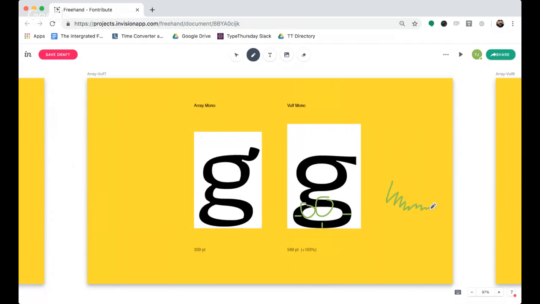traditionally the main spine of the G to be the predominantly heavyweight segment of it, mainly from calligraphic pen principles. But as you notice there, you can extrapolate and manipulate that principle to get the typographic color you're aiming for, which Array Mono actually maintains as well. Notice that the predominant weight is this segment right here. There's actually a reduction in this segment right here. It's taking a longer period of time.